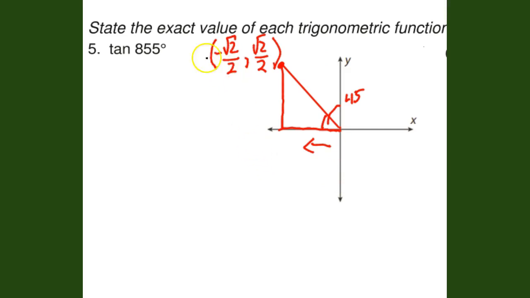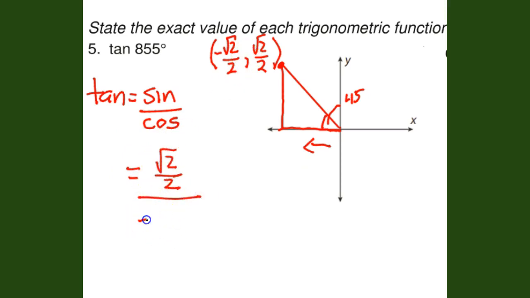So tangent is just going to be, right, that is sine divided by cosine. So we have root 2 over 2 divided by negative root 2 over 2.